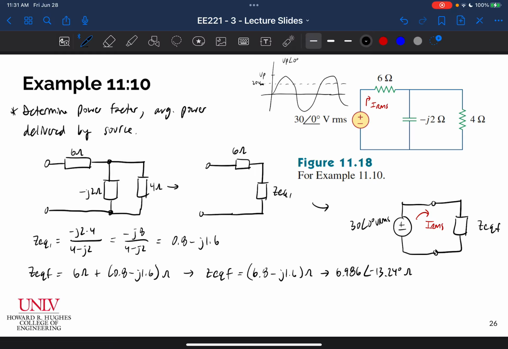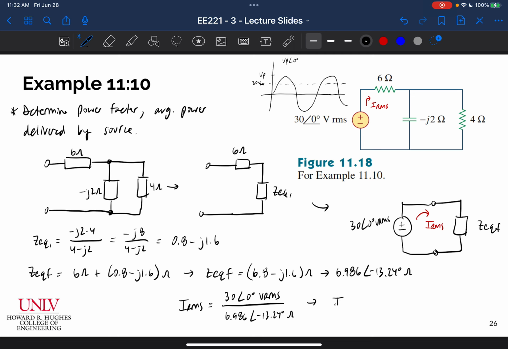And this is ohms. If I'm looking for I RMS, it's V over Z, which is 30 angle 0 volts RMS divided by 6.986 angle negative 13.24 degrees ohms.